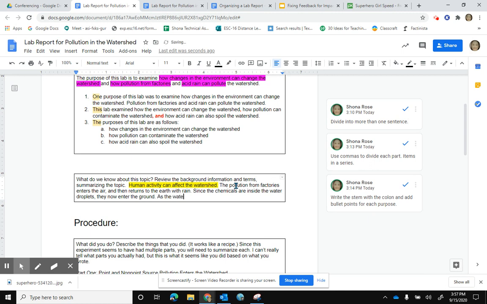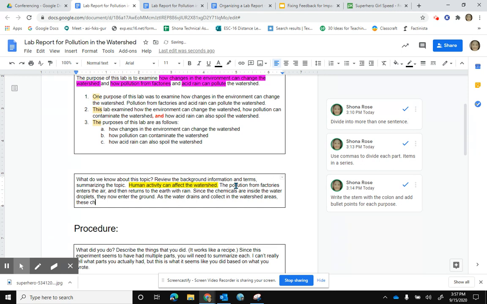As the water drains and collects in the watershed areas, these chemicals are now in areas where plants and animals are impacted.